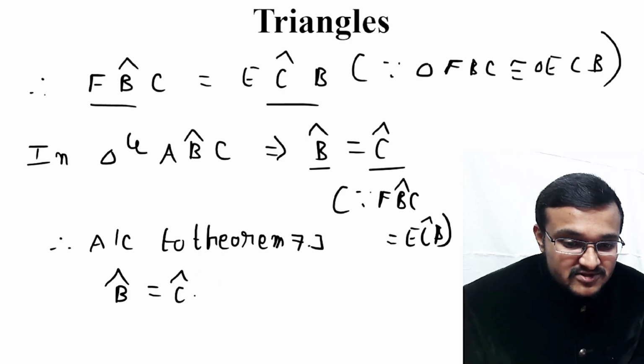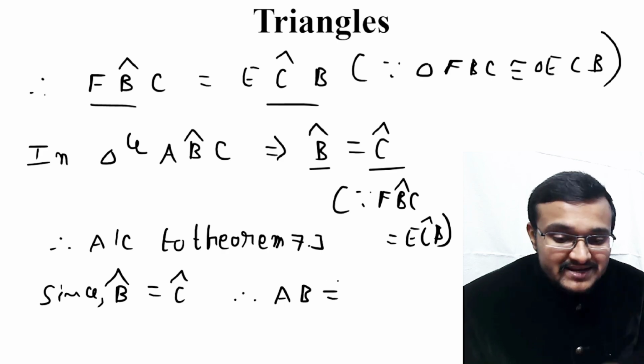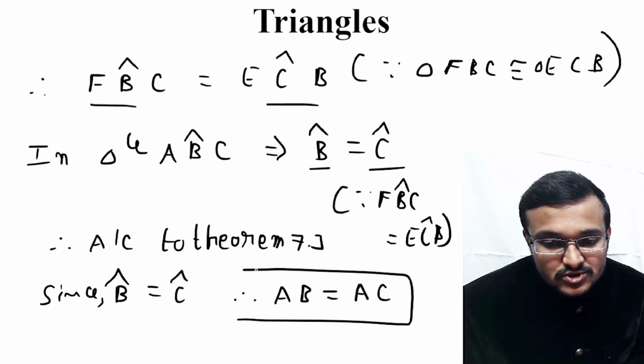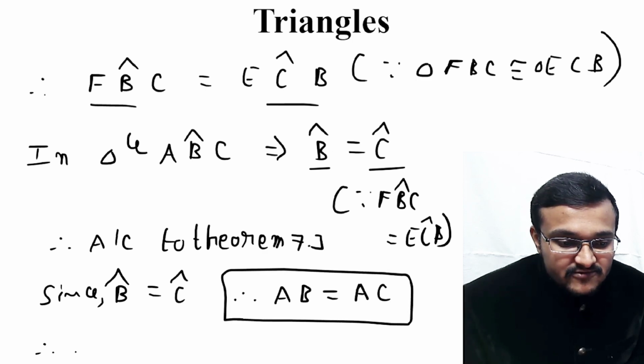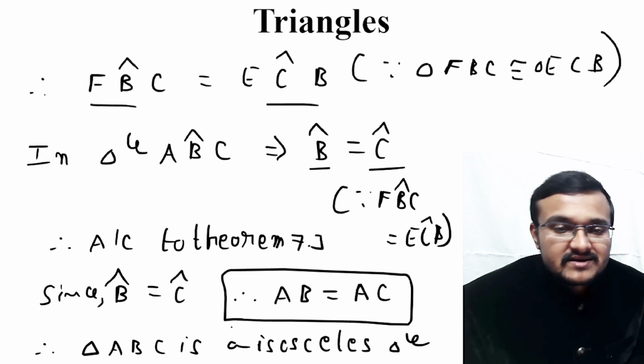So since angle B is equal to angle C, therefore AB which is opposite to angle C and AC which is opposite to angle B will be equal to each other. That is AB is equal to AC. Therefore, triangle ABC is an isosceles triangle.